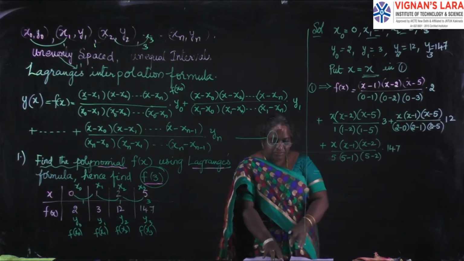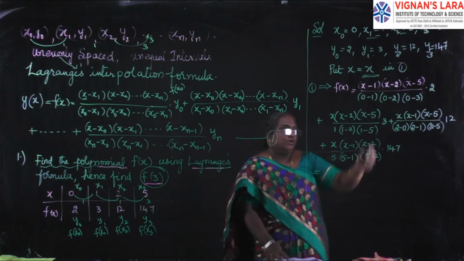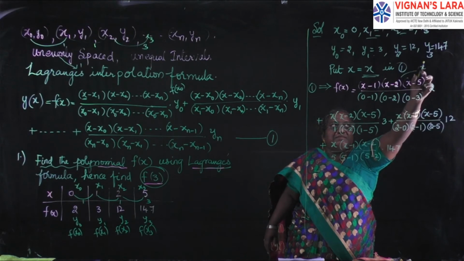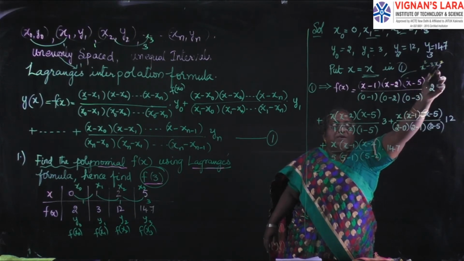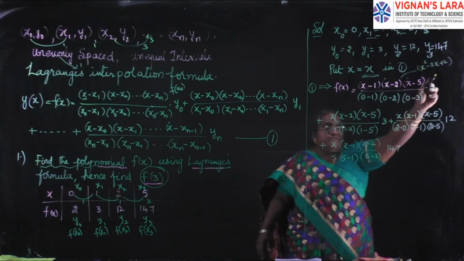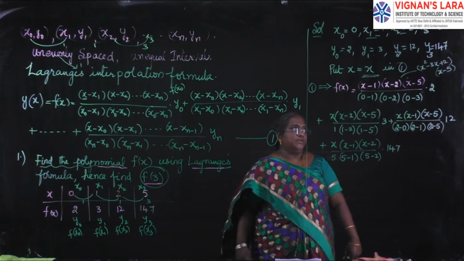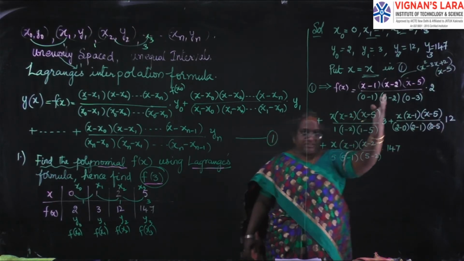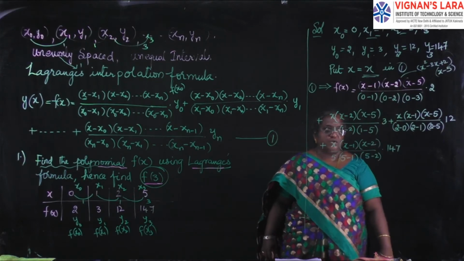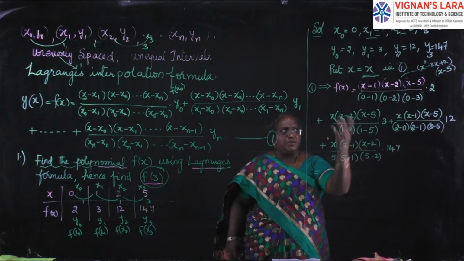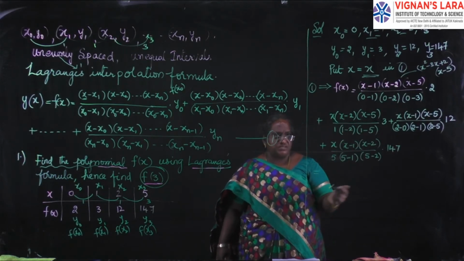Expanding them as simple polynomials, like if I multiply x minus 1 into x minus 2, that gives x square minus 3x plus 2. Again you multiply that with x minus 5. So here the important thing is you must be careful with plus and minus signs, that's all. And simple algebraic multiplication which you have been learning since your 6th and 7th class.